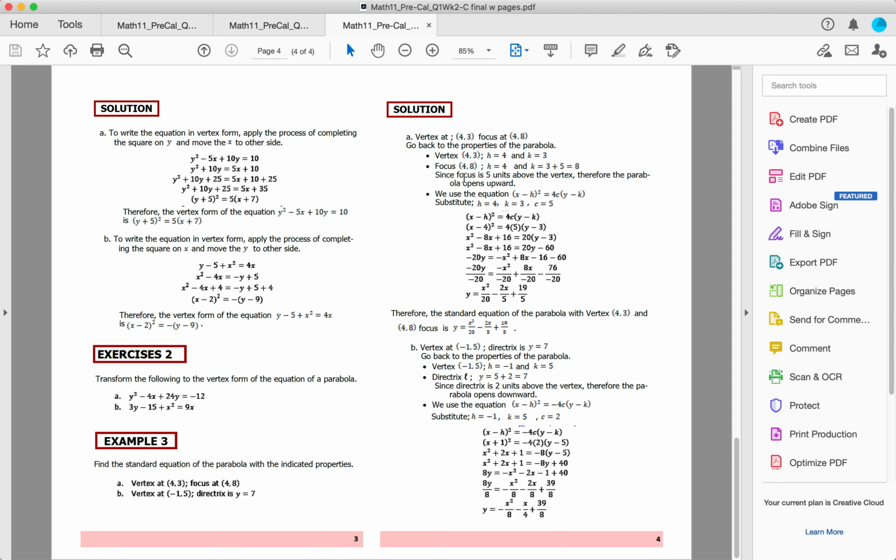Okay, so to do that, all you need to focus on is the given form. Since the given vertex is at 4, 3, and the focus is at 4, 8, meaning to say h is 4, k is 3.